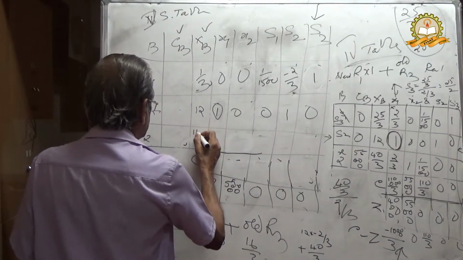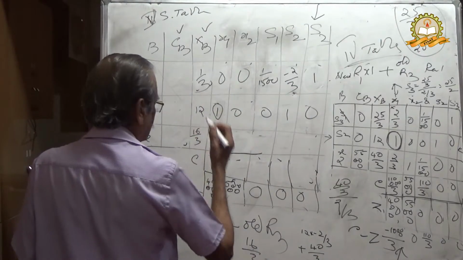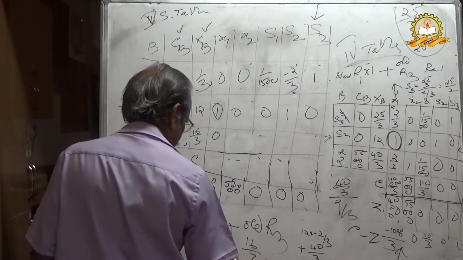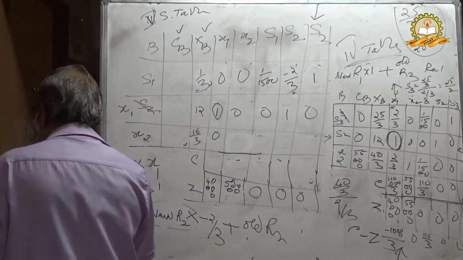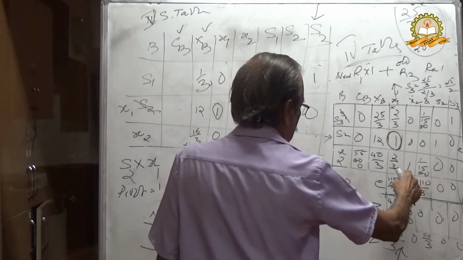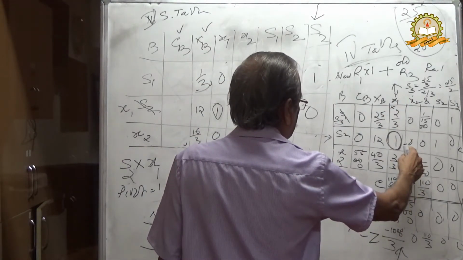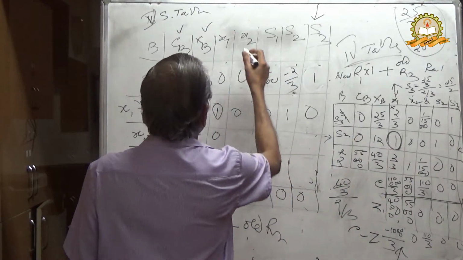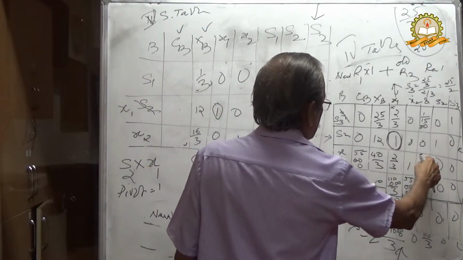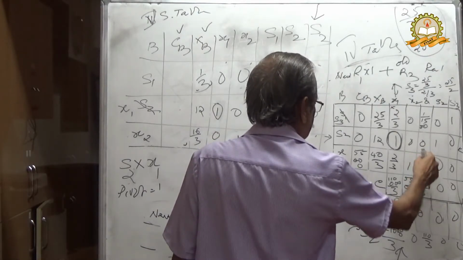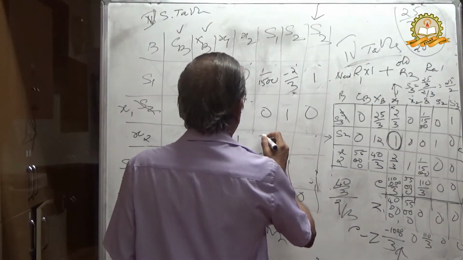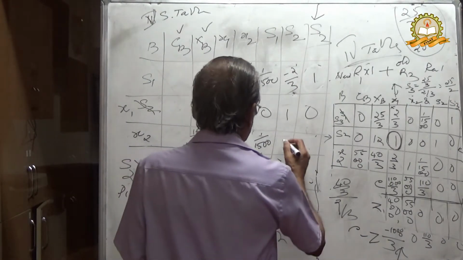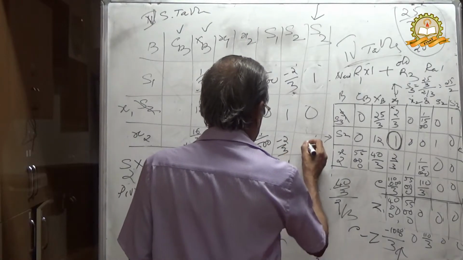Here it is 0. Then under x2, this into negative 2 by 3 plus 1 by 1500. Here it is negative 2 by 3. Here it is 0.